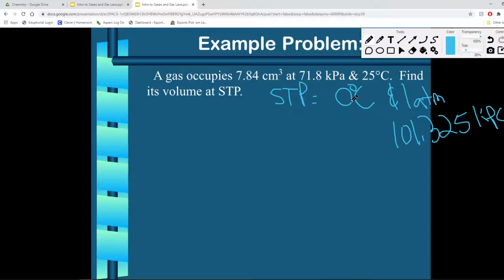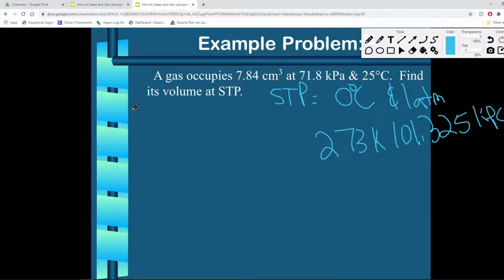And then obviously we're going to have to convert Celsius to Kelvin. So just like we've been doing, we're adding 273. So our temperature at STP is 273 Kelvin. Okay, so we know these are going to be our P2 and our T2, and we're looking for the final volume.